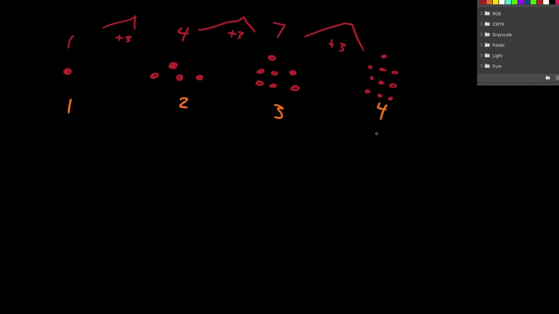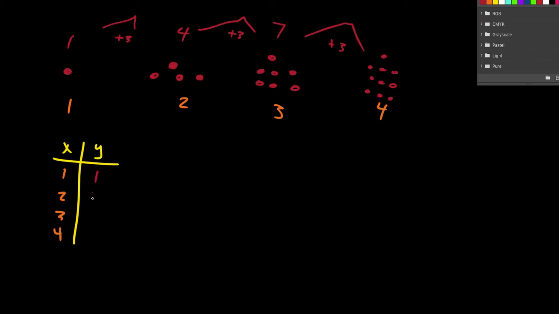Another way that is pretty helpful is we just write down the number of dots in each step. And X, I'm going to call my step number, so 1, 2, 3, 4. And then the Y values are the number of dots in each step.